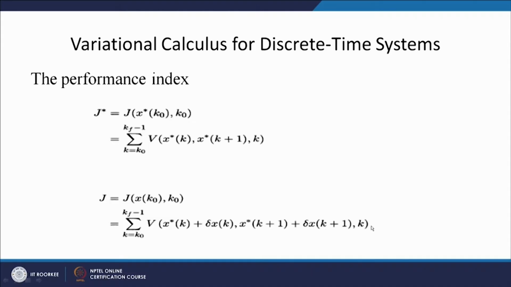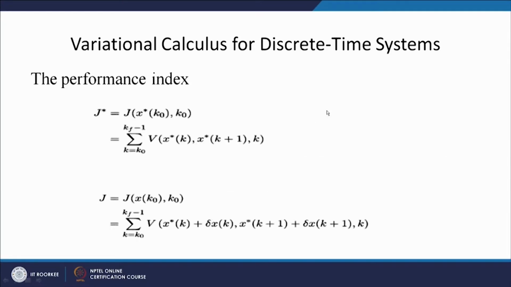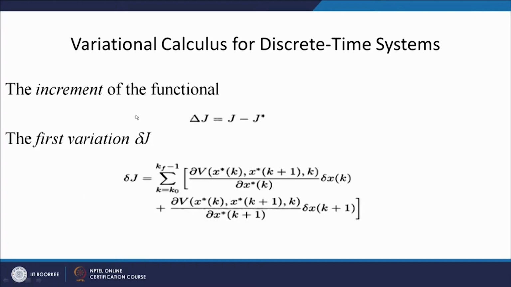What is my objective? I am trying to find out the extremal value of the j, and to determine the extremal value of the j, my j is defined at the optimal point and some variation point. As we know, we can define the increment of a functional as j minus j star.